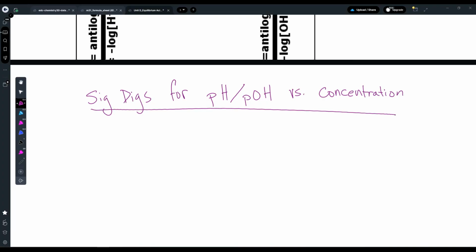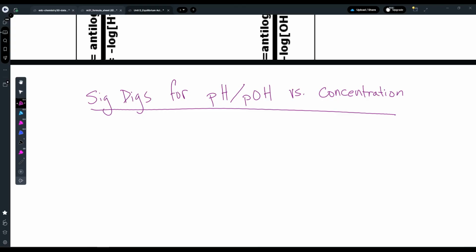Okay, so sig dig rules for pH or pOH compared to concentration or any other number that isn't pH or pOH. Since we typically use concentrations of hydronium or hydroxide ions when finding pH or pOH, that's why I'm comparing the two of those.